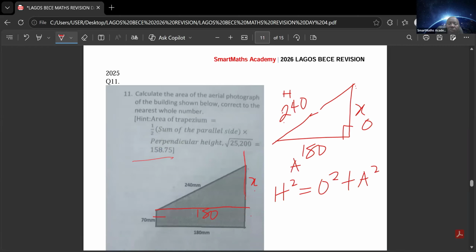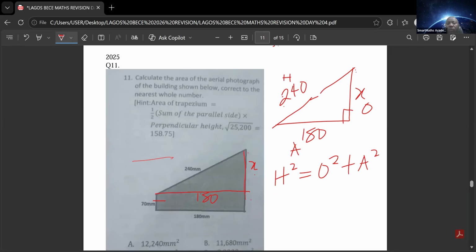Hypotenuse is 240, so 240 squared equals x squared plus 180 squared. We can subtract, so x squared equals 240 squared minus 180 squared.